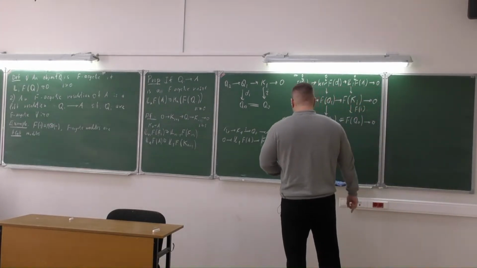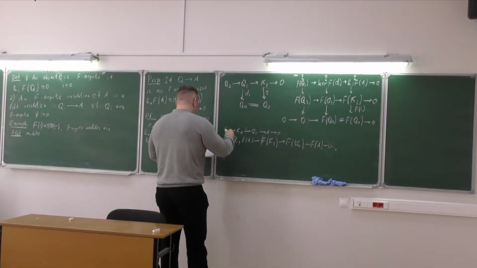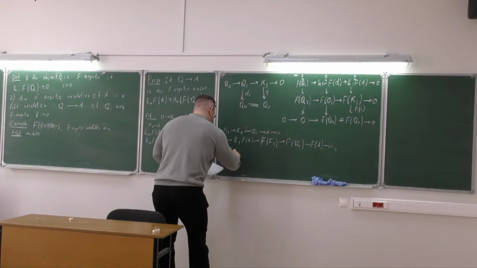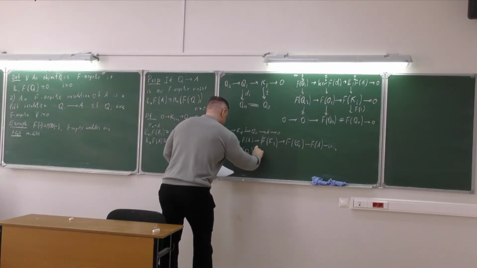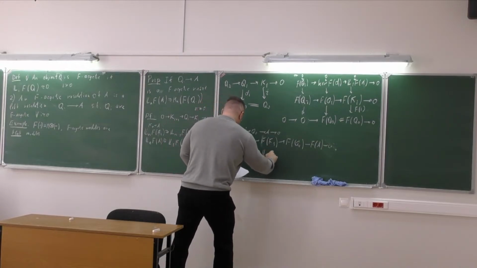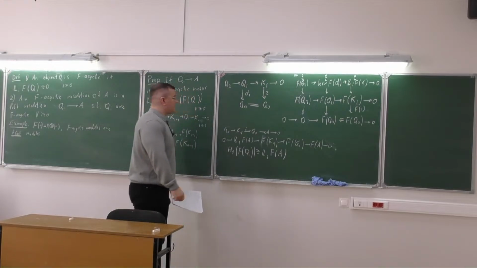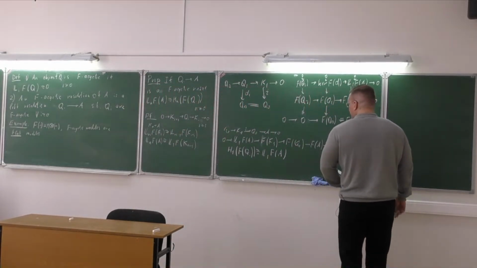So the conclusion from this commutative diagram is the following: H1 of the f q is isomorphic to the first left-derived functor applied to the object A. And then we again use dimension shifting.